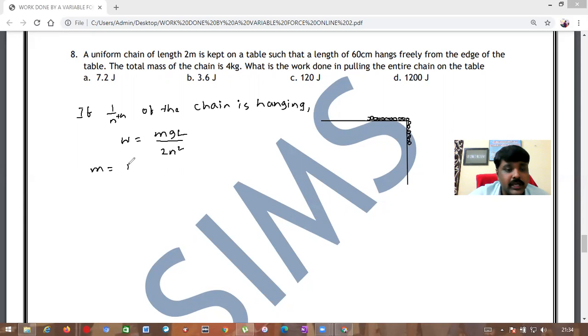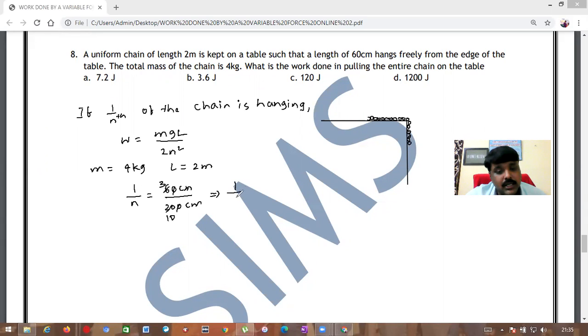Here we are given the value of m equals 4 kg, and L, the length of the chain, it is 2 meters. And g value, okay, let us take it later. And how much is hanging? 60 centimeters. That means 1 by n equals 60 centimeters by the total, which is 2 meters, in the sense it is 200 centimeters. 0 gets cancelled, 2 threes are 6, 2 tens, implies we got 1 by n equals 3 by 10.